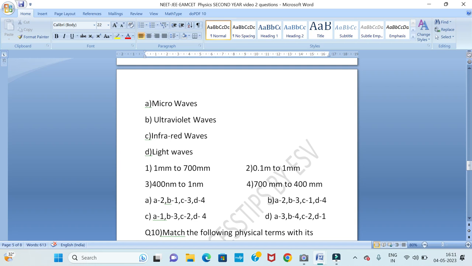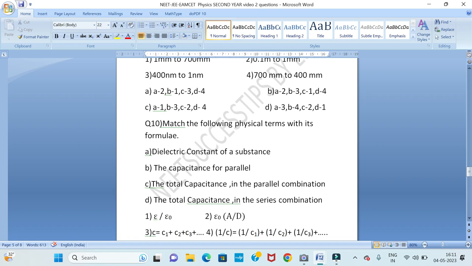So compare infrared and light waves like that. Infrared ends with 700, light waves start with 700 to 400, which has ultraviolet starting with 400 nm. This is nm, nanometers. Here mm, millimeters. That you have to remember. By practicing for some time you can remember easily.